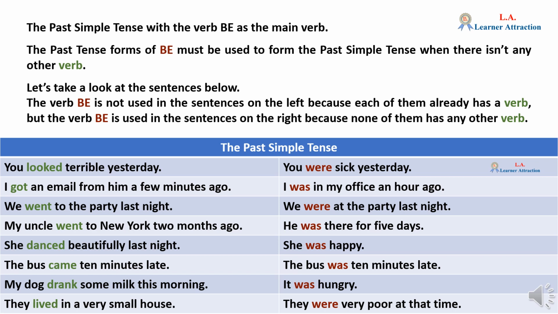The past simple tense. You looked terrible yesterday. Looked is a verb. Therefore, the verb be is not used. You were sick yesterday. Sick is not a verb. It's an adjective. Therefore, the verb be is used.